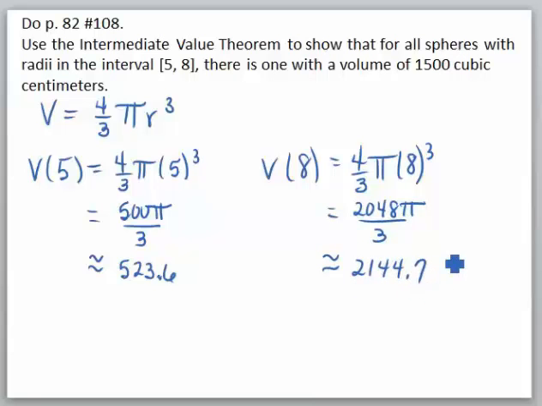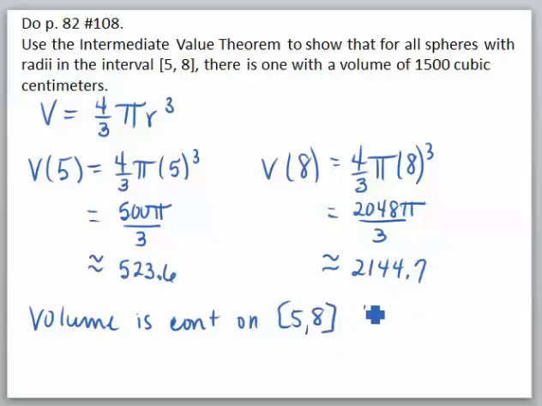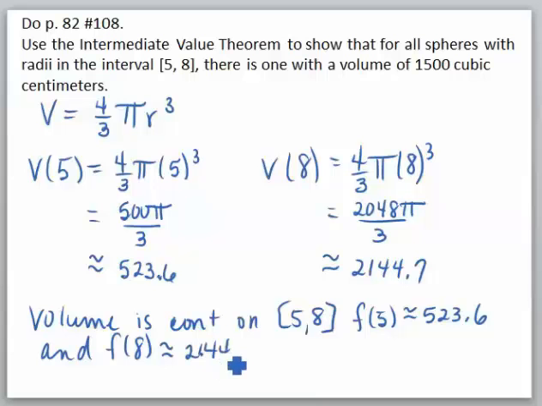All right, so then we can just make a statement that says volume is continuous on [5, 8]. f of 5 is approximately 523.6, and f of 8 is approximately 2,144.7.